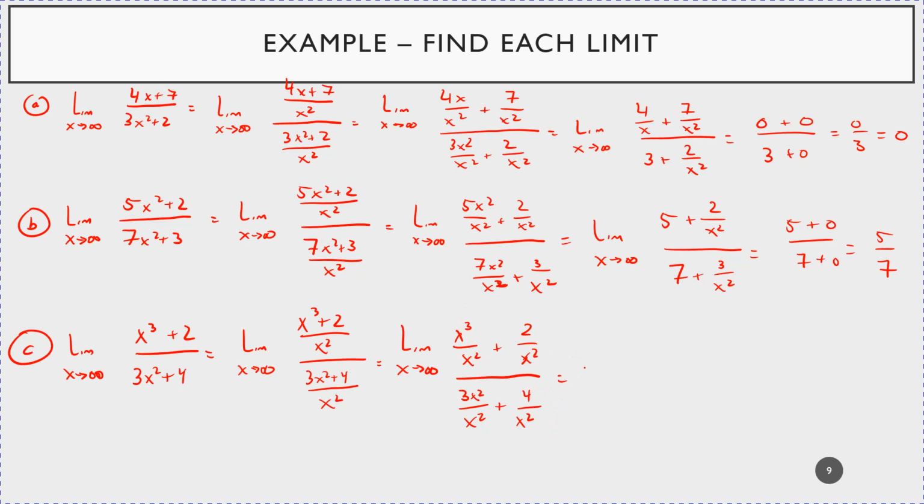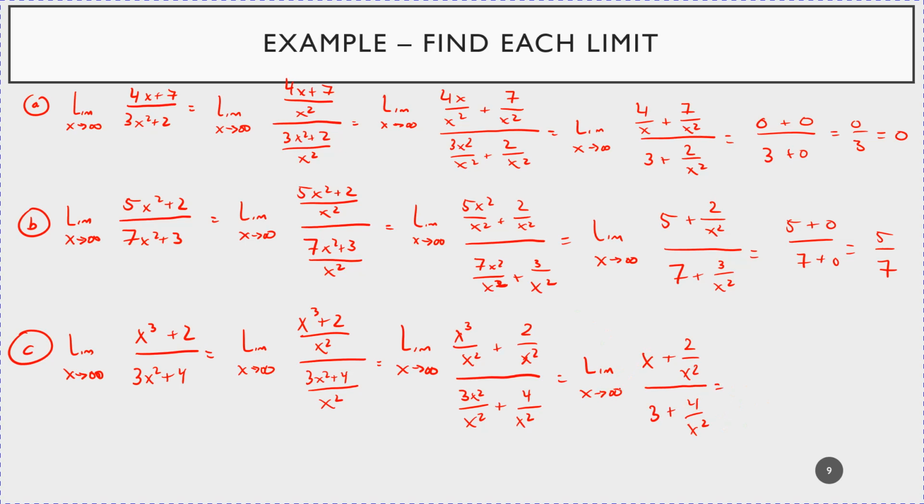Well, look, clean it up. This is the limit as x goes to infinity. X cubed divided by x squared just gets me x, plus 2 over x squared, divided by 3 plus 4 over x squared. Now look, plug in infinity.